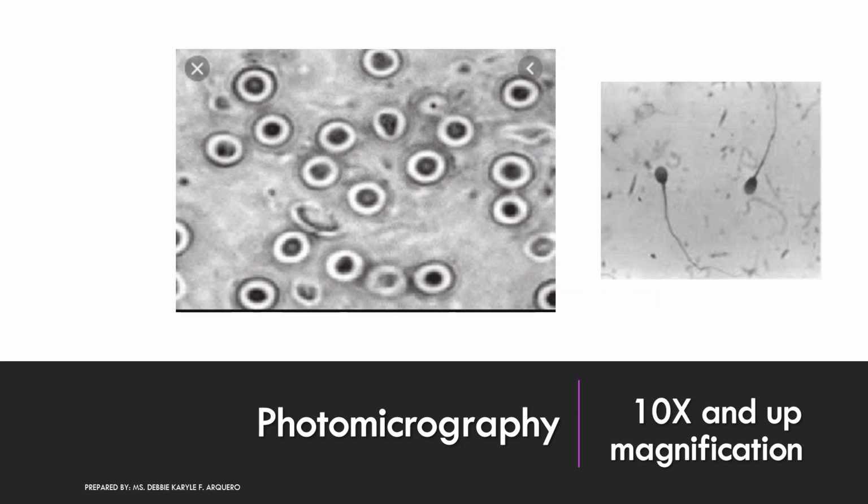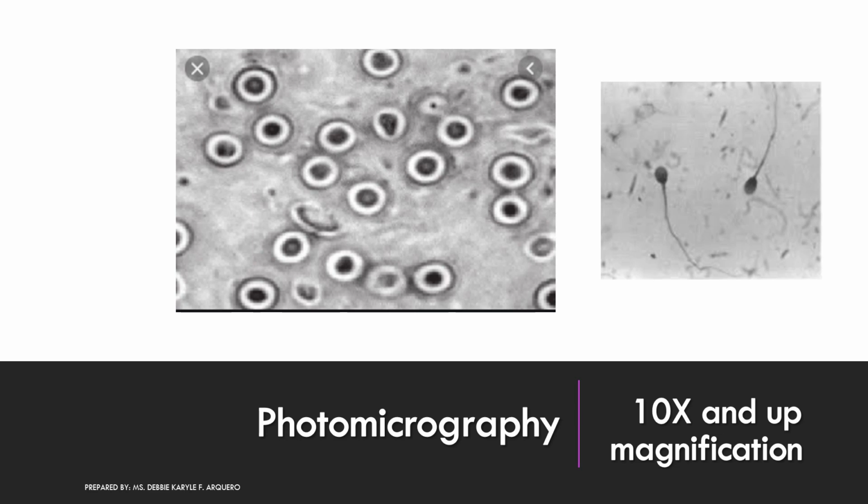While photomicrography is a type of photography which photographs minute objects, yung very small objects. In here, this is magnified by means of a microscope.